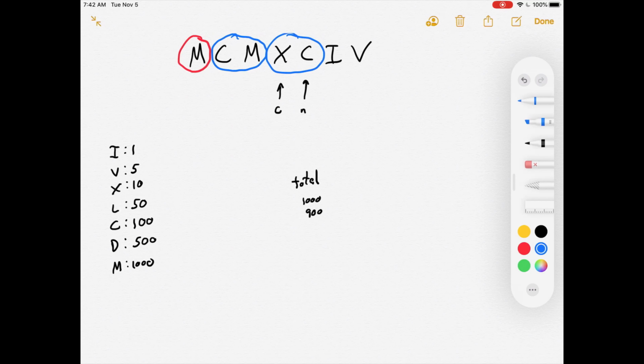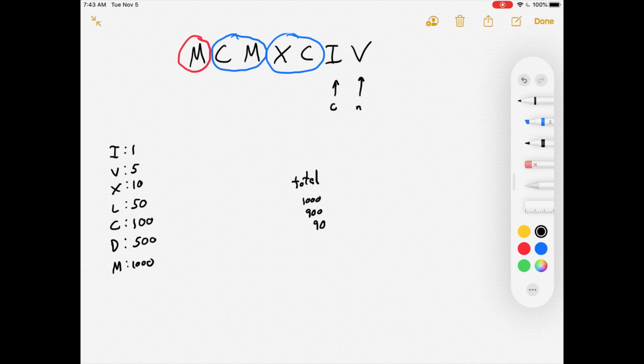C is 100, so we subtract 10 from it. That'll leave us 90. Add that to the total. And again, since we've already factored both of those into the total, we have to move our pointers 2 elements down.